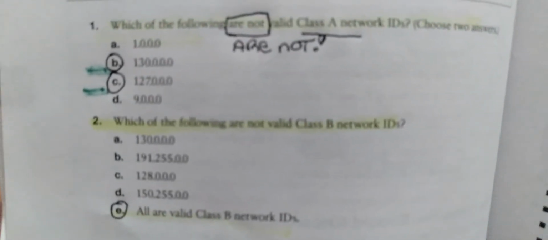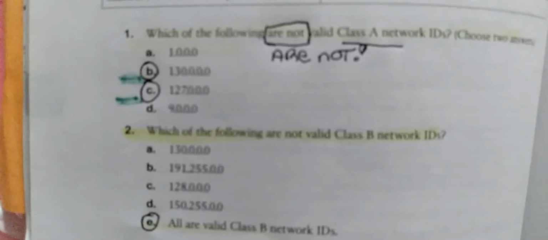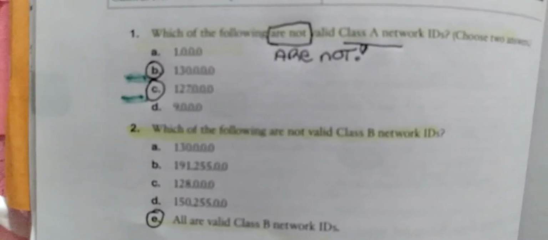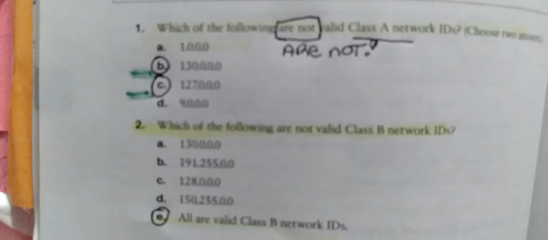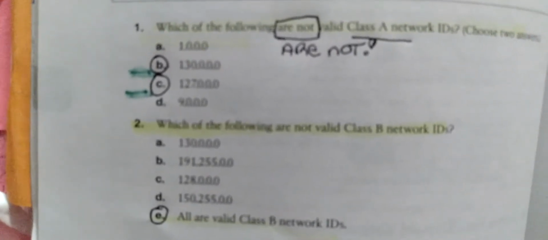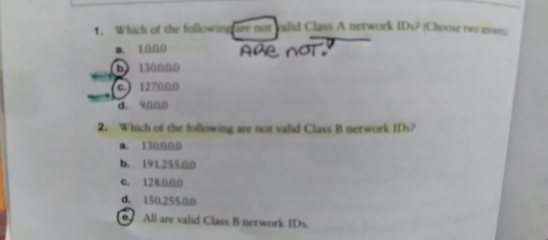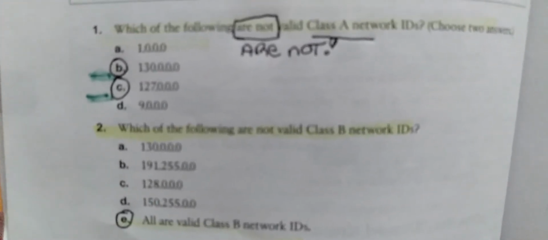And the 2 that are not are 130.0.0.0 and 127.0.0.0. 127.0.0.0 is not one either, because 127, as we read, is not classful.